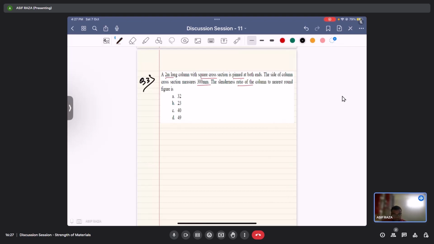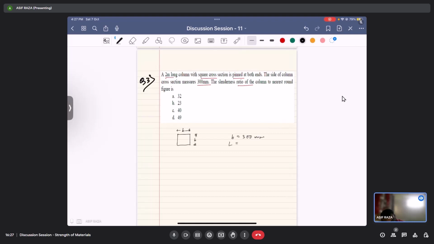So let's write what is given. It's a square cross section, so write this as B. We are given B as 300 mm.